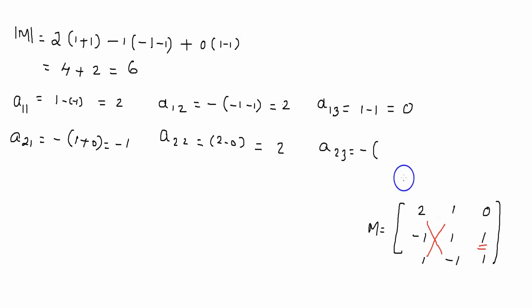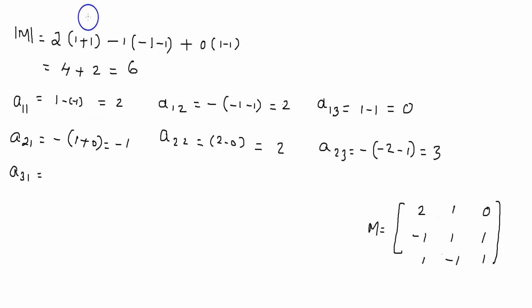After cross multiplying we get the cofactor of A23 as negative of minus 2, minus 1, which is equal to 3. Cofactor of A31.